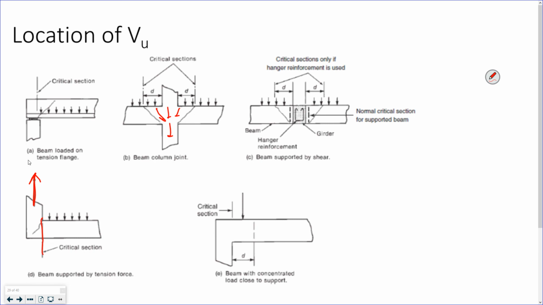Because basically you have to look at where your cracks are coming from, right? The crack could start there. Beam with concentrated load close to the support. Then your critical section again has to be at the face.